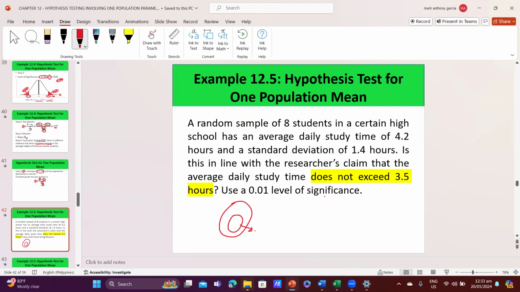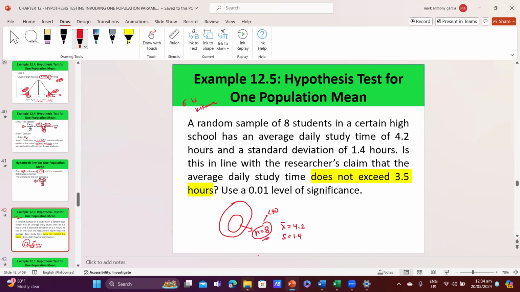So we took a sample of 8 students, and we found out that the average daily study time of these 8 students is 4.2 hours, and the sample standard deviation is 1.4 hours. So this is under case 3 because the population standard deviation is unknown and our sample size is less than 30.